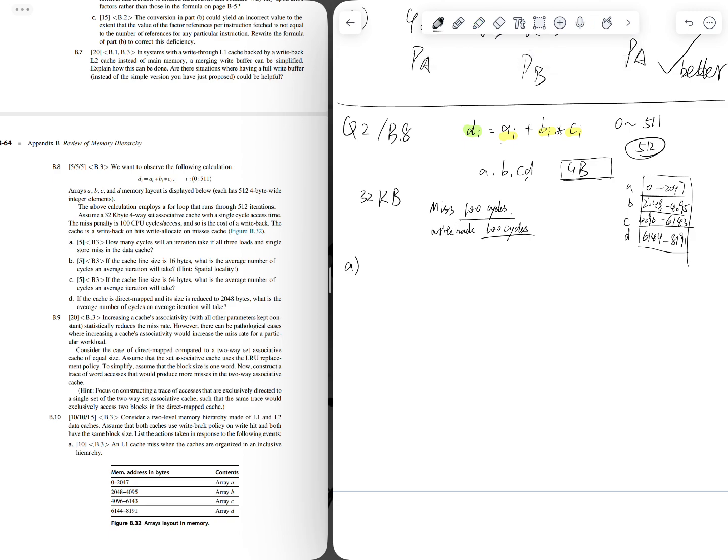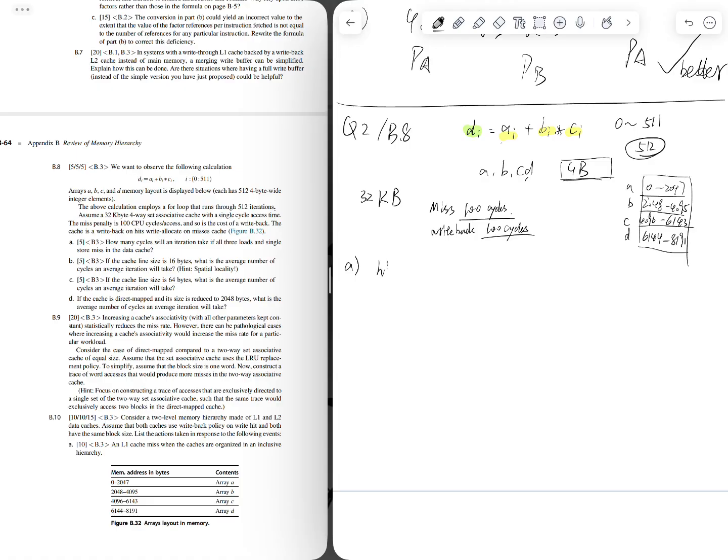So the three loads and one store are all misses, and the cache is write back.